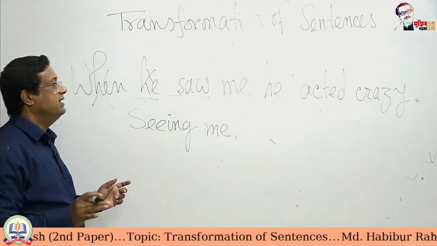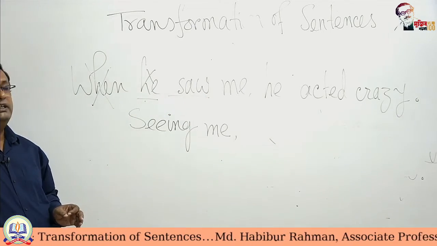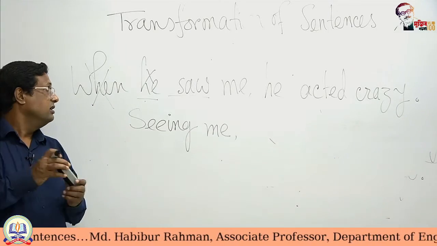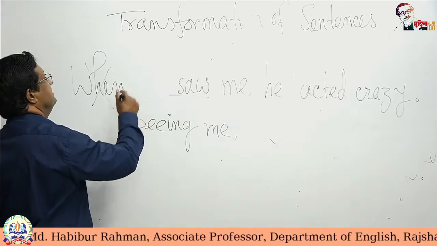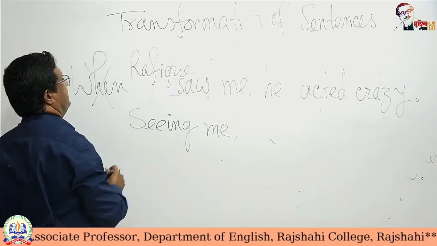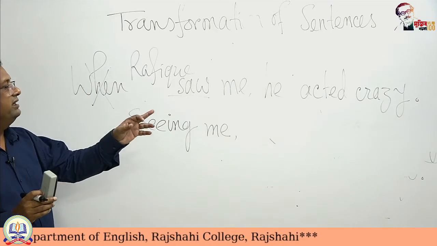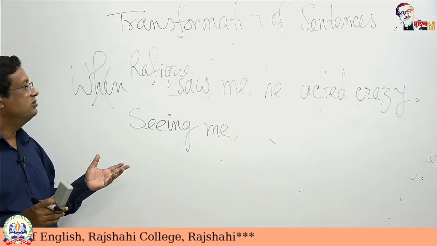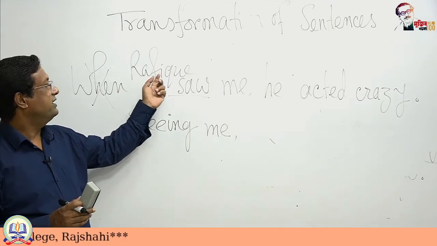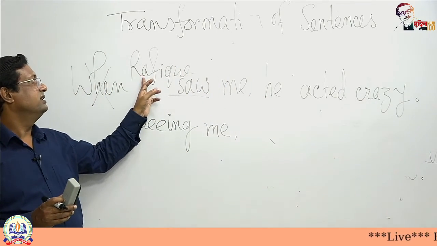Then I have the subject he. And notice if there is any particular name, suppose when Rafik saw me, he acted crazy. So what will you do? Here you will exclude Rafik because Rafik and he are the same person. So you need not write Rafik at the very beginning.